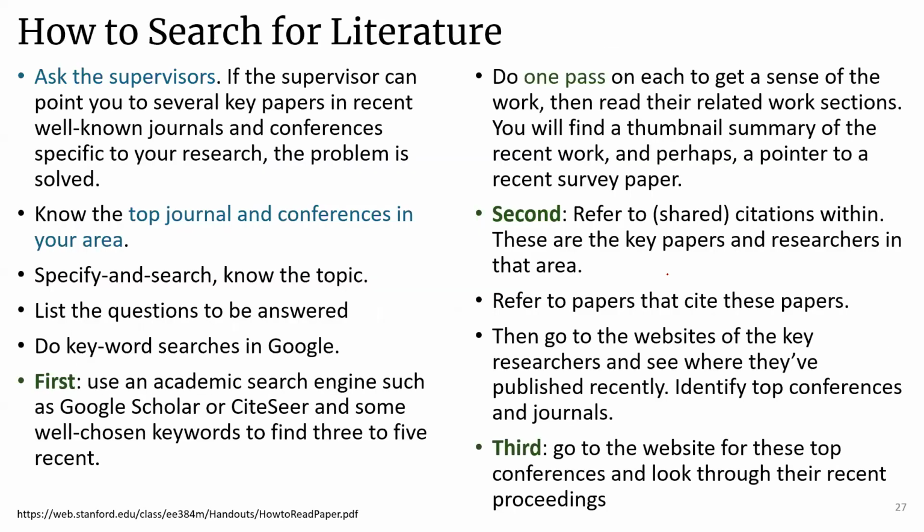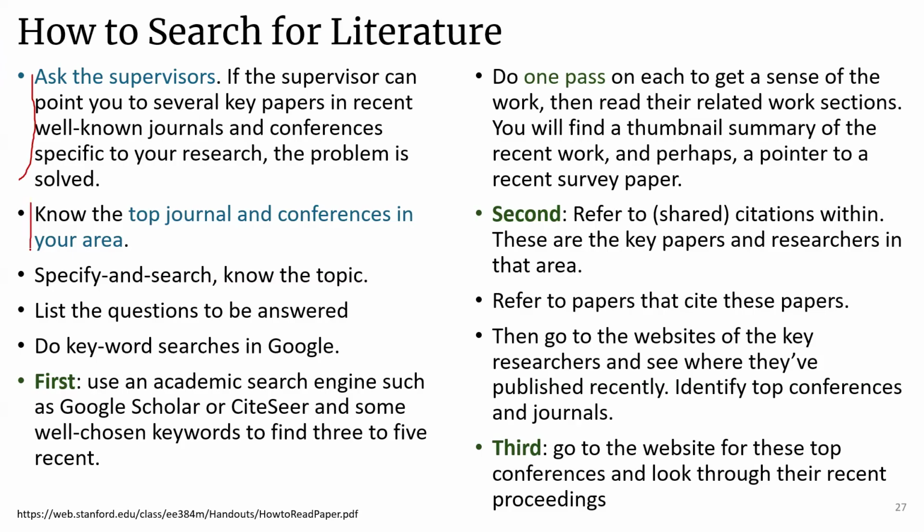So, finding these articles: one thing that students can do is ask their supervisors. Supervisors are experienced in the area of research, so the supervisor should be able to say, okay, read these 5 papers, read these 10 papers, and you will gain insight into the field of research that we do.